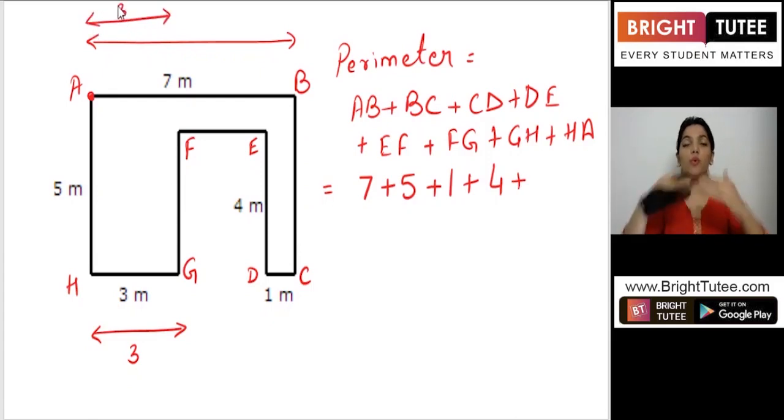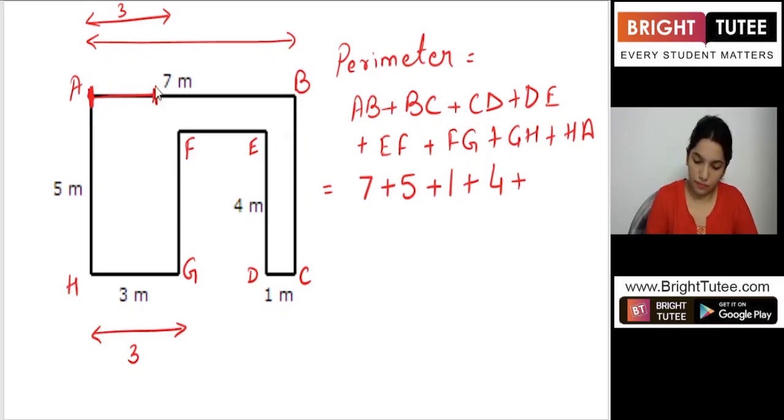If we try to overlap this side GH with AB, it will be somewhere till here. This much will be the length of HG. Now we are also given the length here on the side, CD, this much. This small part of the complete length is 1 meter.